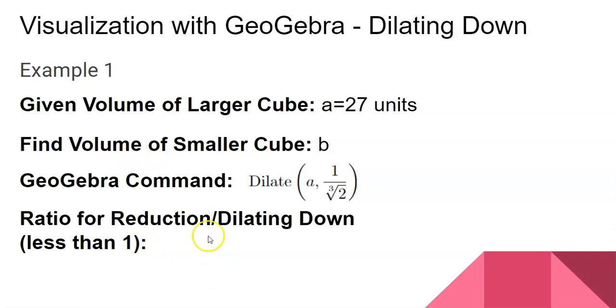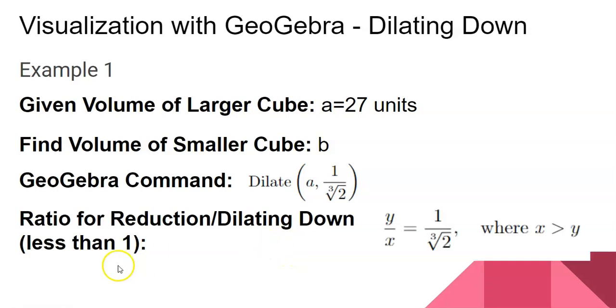In dilating down, or what we call reduction, the dilating down factor should be less than 1. That's why we have the ratio y over x, which is equal to 1 over cube root of 2, where x is greater than y.